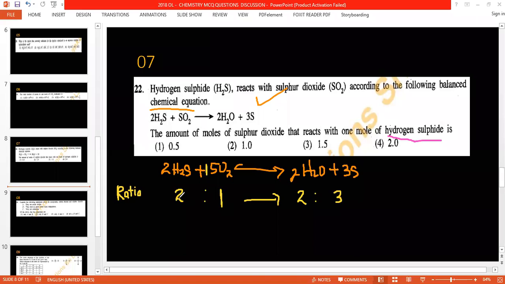So if it's a 2, then it should be 1. And if it's 3, so it means what? You must know. 2 moles of H2S can react with only 1 mole of sulfur dioxide.